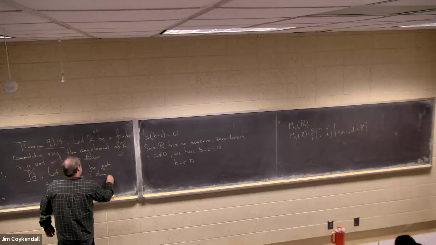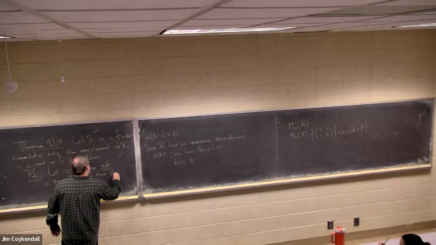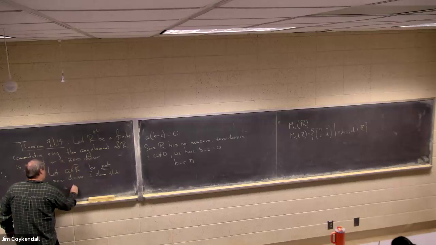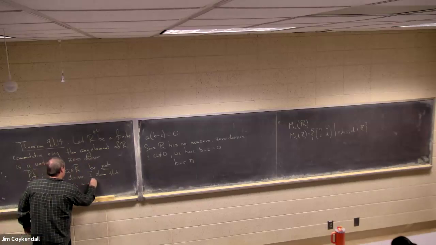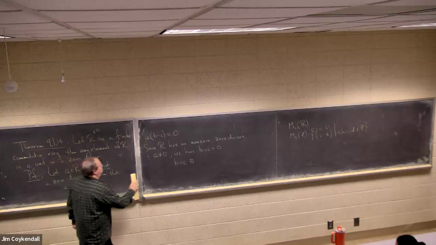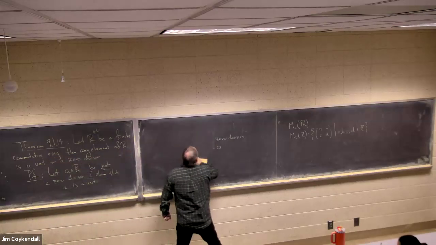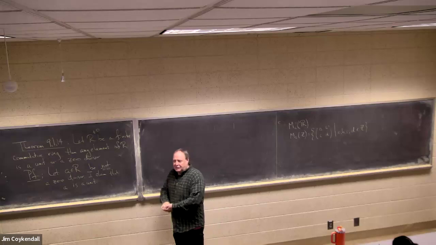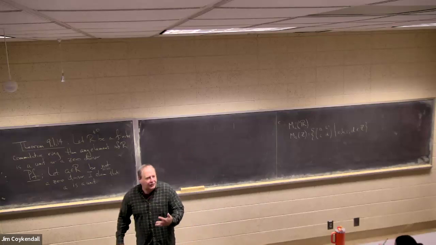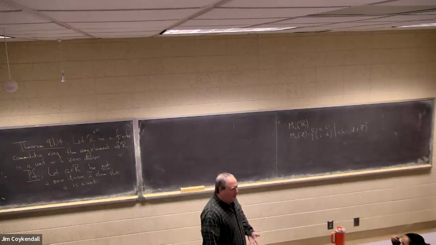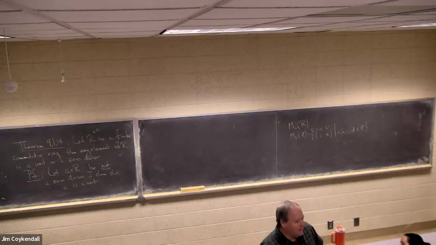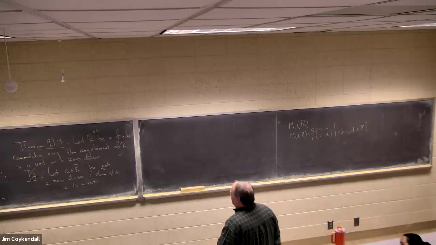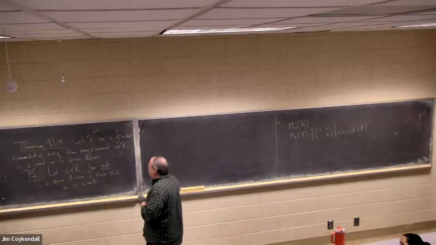I claim that a is a unit. Now, this is a wild claim to make at this juncture because I haven't even said that the ring has an identity, right? Look at me spouting off like this, claiming it's a unit. I don't even know if the ring has an identity. We will prove that along the way.